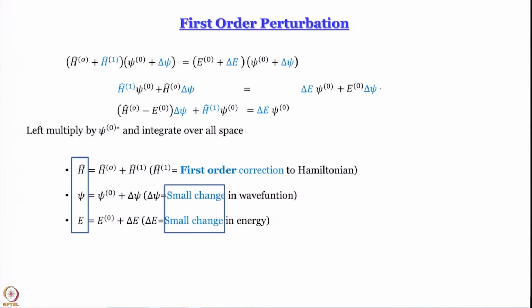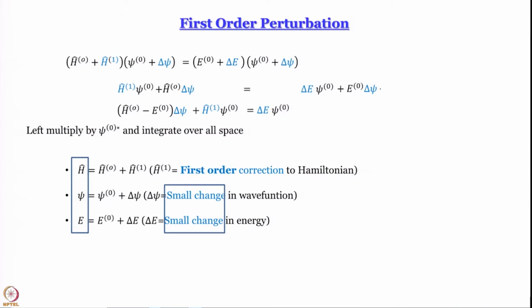We perfectly know what happens when it operates on 0th order wave function, right, because H 0th psi 0th is equal to E 0th multiplied by psi 0th. So, H 0th minus E 0th operating on psi 0th is equal to 0. So, if somehow we can replace delta psi by psi 0th, then we know how to go about this. That is what we are essentially trying to do.